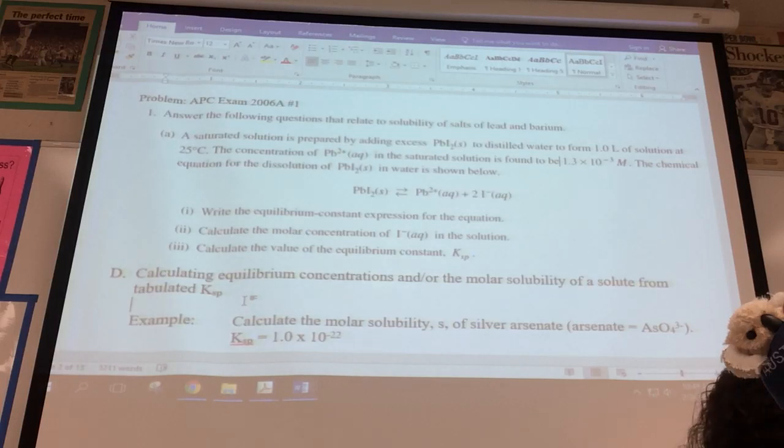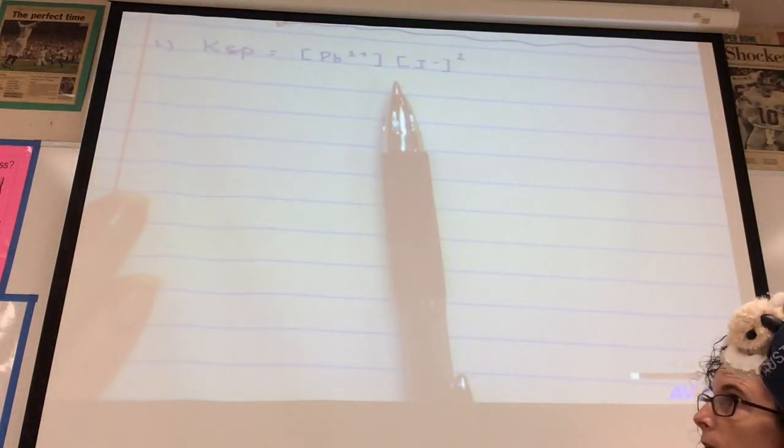If you threw in solid lead-2 iodide, would equilibrium shift? Why not? Because it is a solid and not included in the KSP expression, correct? That's something a lot of you are continuing to miss on your quizzes and tests. Did you get this?